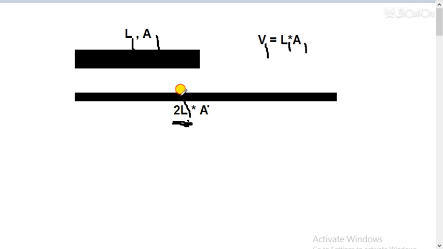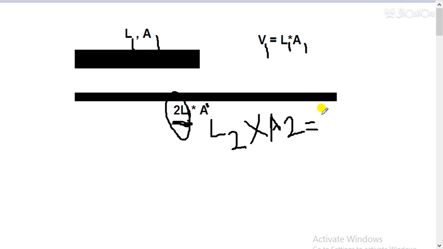The new area will be A dash, or you can write it as A2. So L2 into A2 is equal to volume V1, because volume is not changing here. Students, you have to keep this in mind, that when we stretch a wire, its length increases and area decreases. You can think of it practically also.